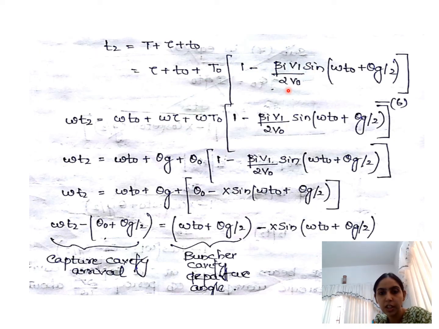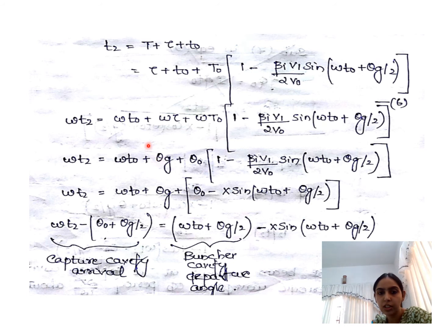So continuing with the equation, I am replacing T0, which we have written earlier as T0 into 1 minus beta I V1 by 2 V0 sine of omega T0 plus theta G by 2, from the expression of velocity modulation. Now multiplying again by omega, I get the expression as such.